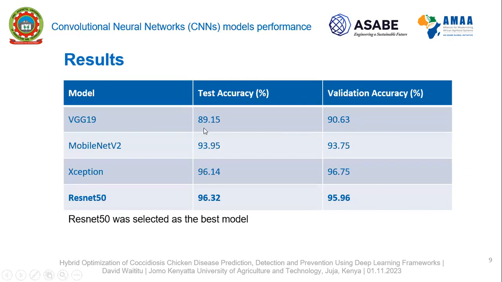VGG19 had an accuracy of 89.15 and a validation accuracy of 90.63. Though the accuracy increased, we settled on one model, ResNet50, that yielded the highest accuracy, because this environment is dynamic, and this is the first phase on a computer.